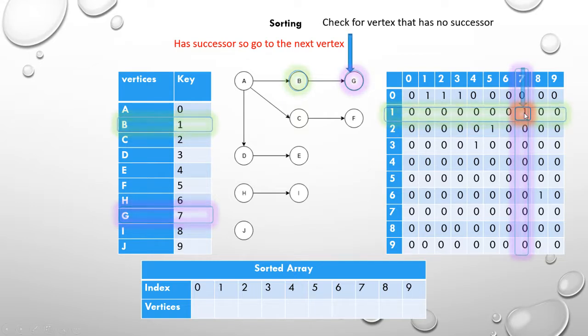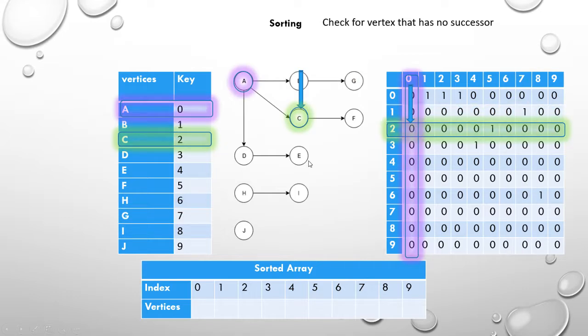Here we go. This vertex has a successor, so we can't sort it right now. So we are going to go to the next vertex in our table, which is C with key 2.